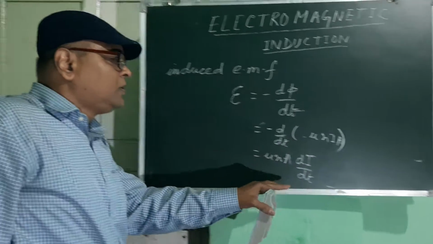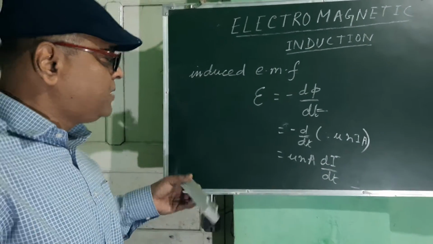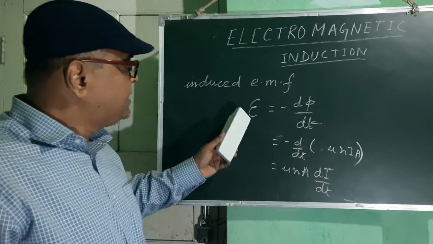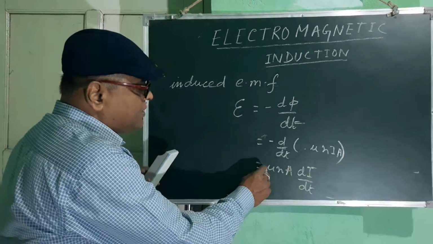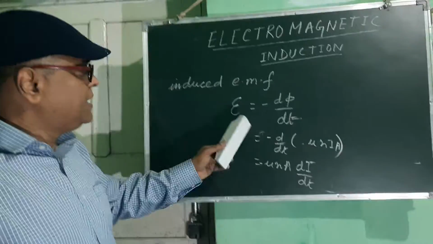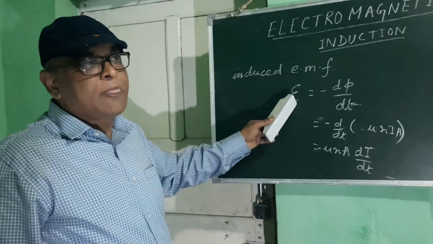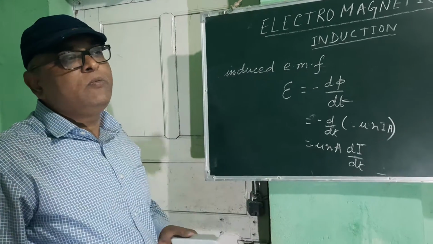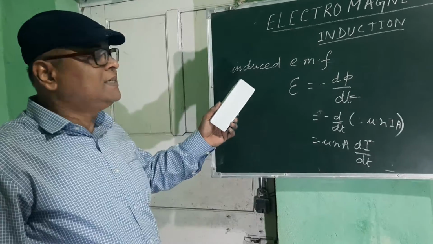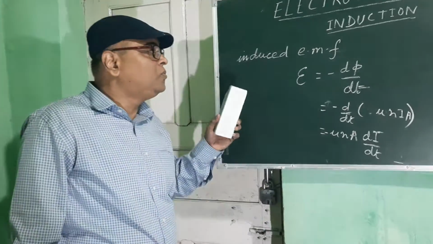So by changing current, the induced EMF is generated. If current is fixed, by changing area, it is possible to induce the EMF. So there are different phenomena present. One by one, we will generate the induced EMF.